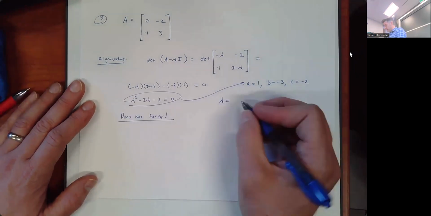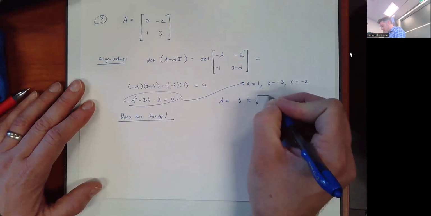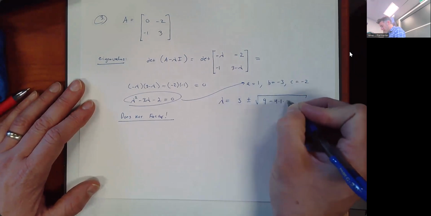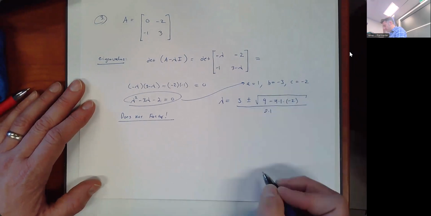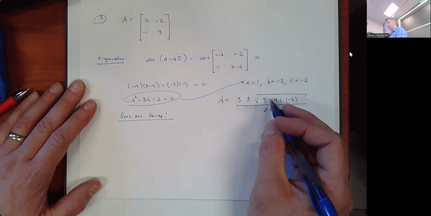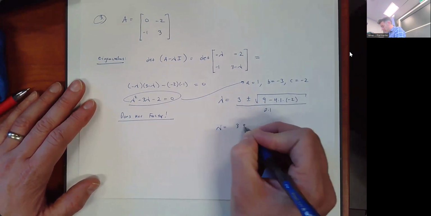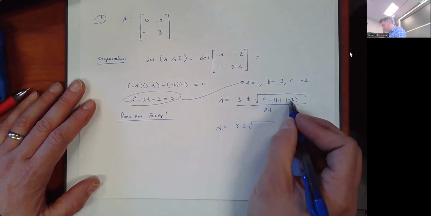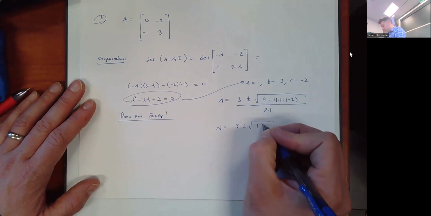And then lambda is going to be -b, so -3, plus or minus the square root of -3 squared, minus 4 times A times C, all over 2 times A. Simplifying the discriminant here, the thing under the square root, we get lambda equal to 3 plus or minus the square root of 9. 4 times 1 times -2 is -8. So 9 minus -8 is 9 plus 8, which is 17.